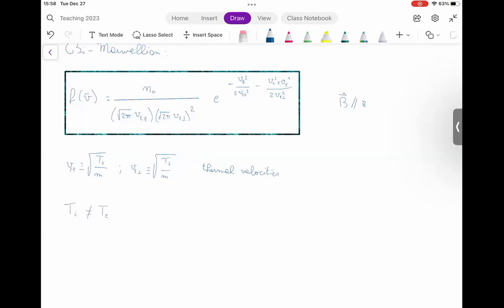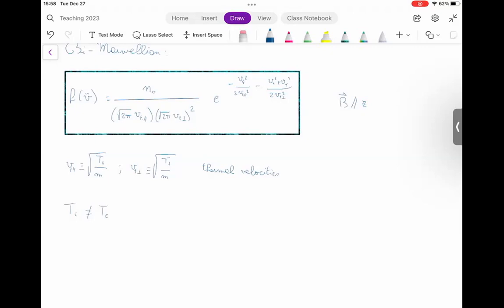One more thing that we may want to be mindful of is that in general, this is not the only type of distribution function you will find in your system. Yes, I know, I did start by saying that the H theorem says at steady state, and that is what you're going to have.